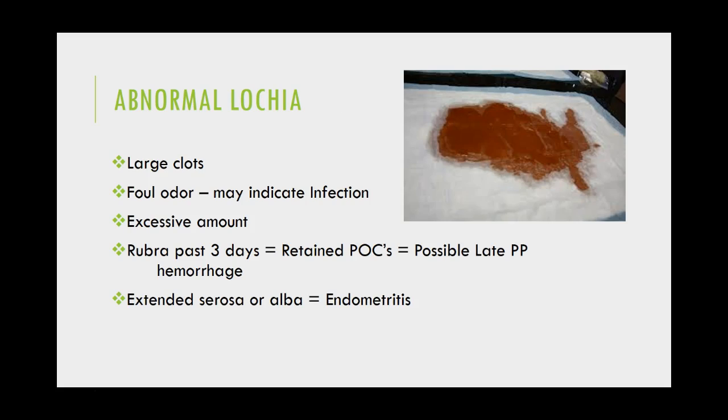This is a picture of some abnormal lochia. You may not see that in this picture, but any type of lochia that has very large clots is abnormal. A foul odor can indicate infection. Those very large clots and an excessive amount of lochia can mean that there are some retained products of conception that have been left inside the uterus.